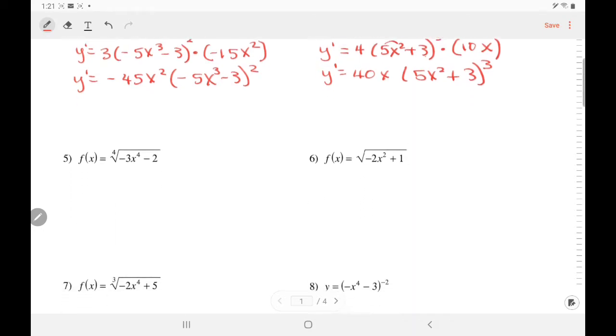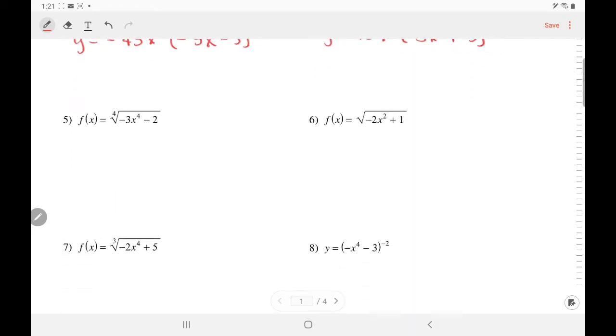In number 5, we should rewrite this in exponential form. So I'm going to say f of x equals, change the radical into an exponent, leaving (negative 3x to the 4th minus 2) the same. The 4th root is to the power of 1/4. There's an invisible 1 here.